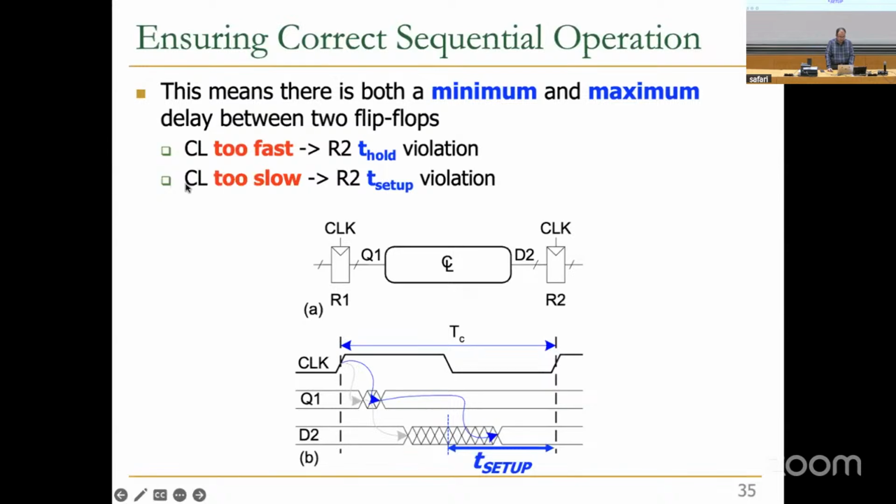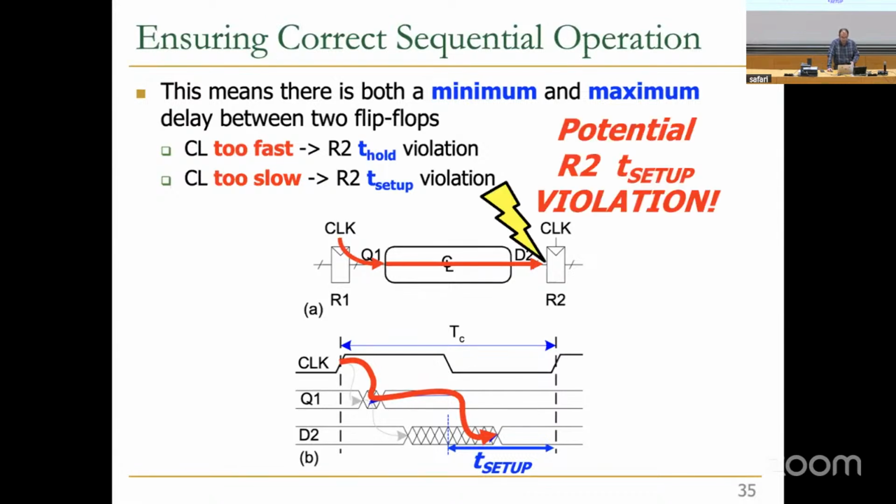And if your combinational logic is too slow, then you might have a T-setup violation. So it takes that amount of time until you have stable output, basically stable data on D2. But this already violates T-setup because D2 should be stable at this point of time in order to make sure that setup time is preserved.